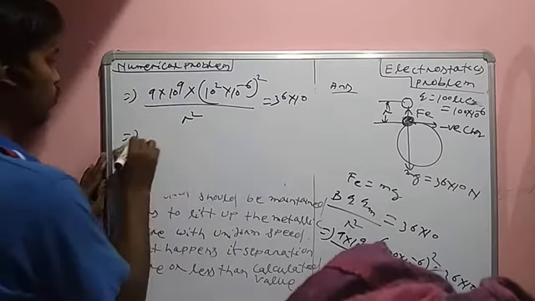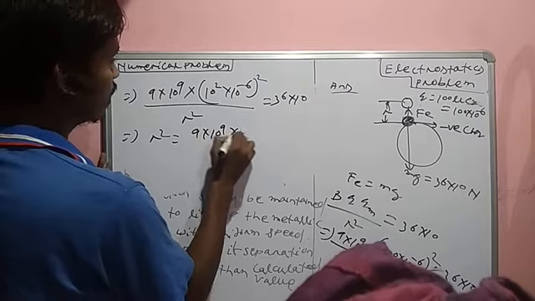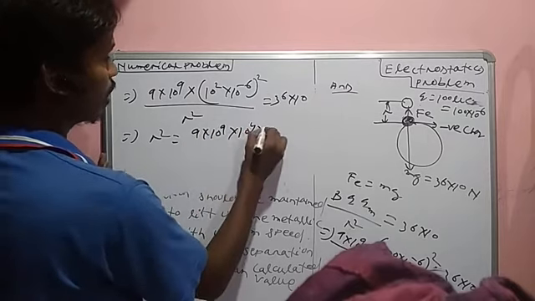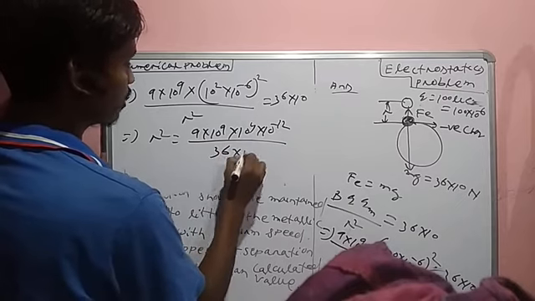So r square is equal to 9 into 10 to the power 9, into 10 to the power 4 square, into 10 to the power minus 12, divided by 36 into 10.